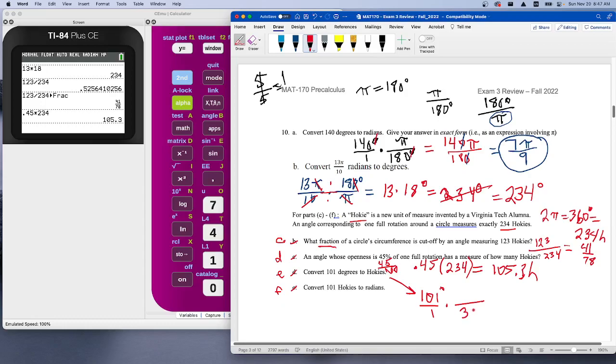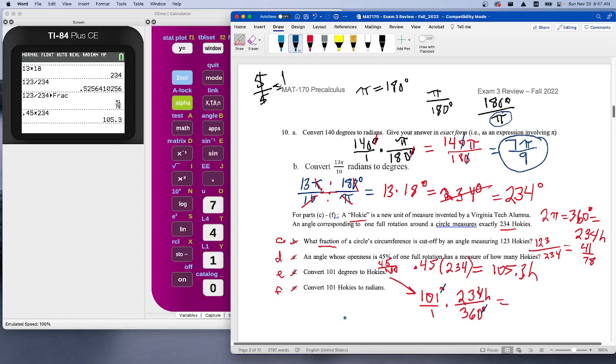So we're going to go with 360 degrees over 234 Hokies. Okay, so the degrees are going to cancel and we're left with Hokies. We just multiply straight across and reduce.